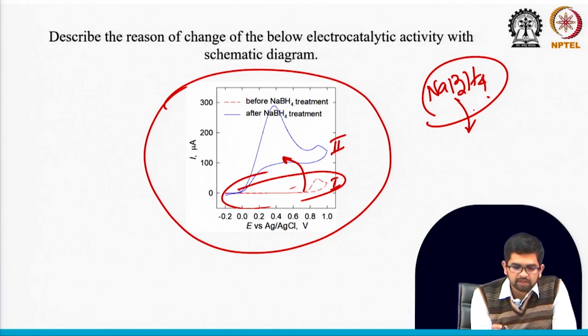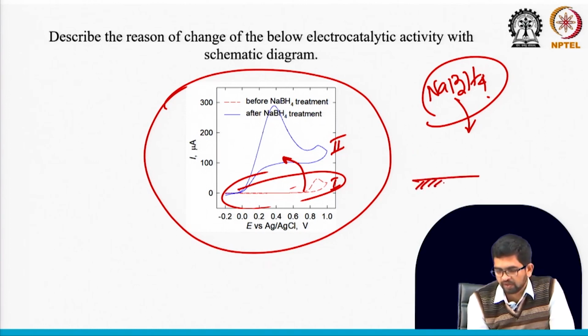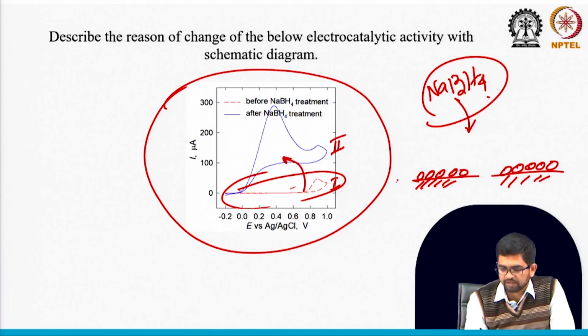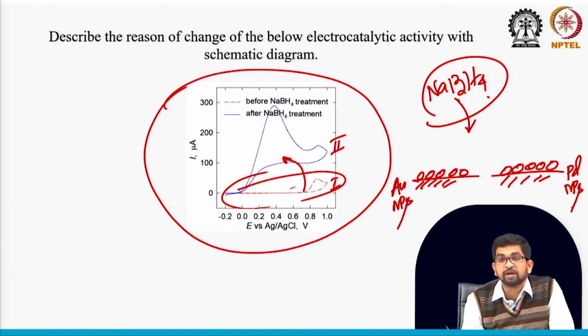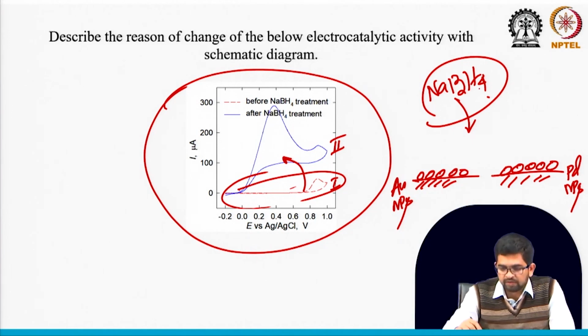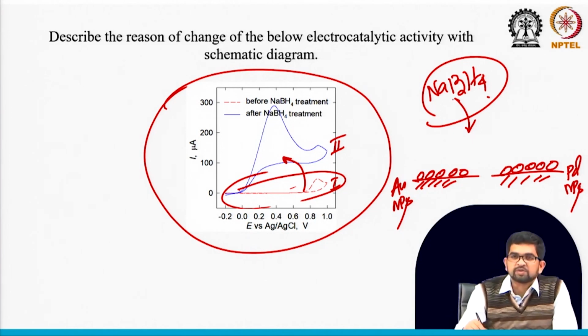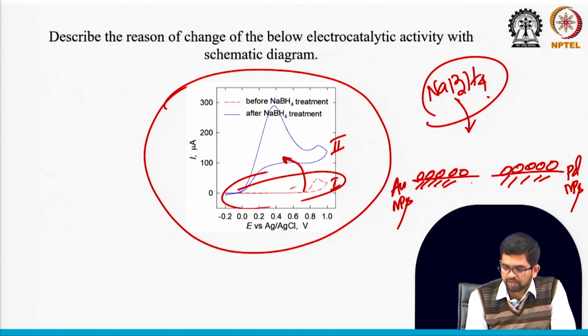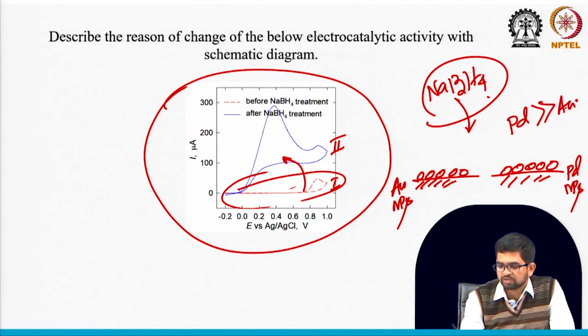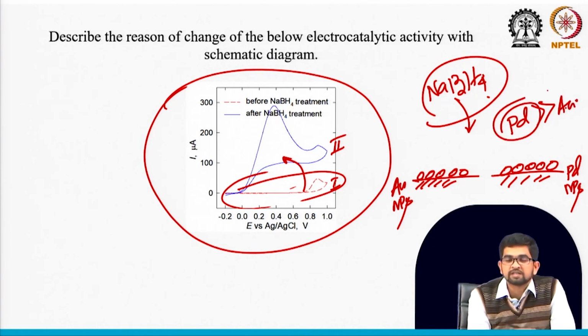You can remember that. Now, if you have a catalyst like gold or palladium, suppose gold nanoparticles, or here maybe you have palladium nanoparticles, and we react this surface with sodium borohydride, then palladium actually shows the enhancement much faster.